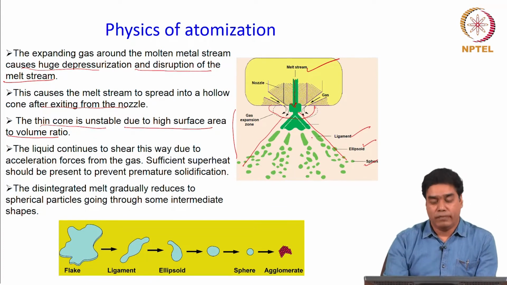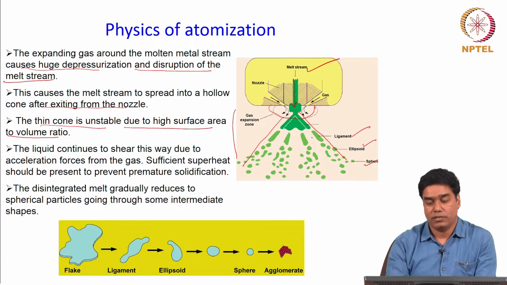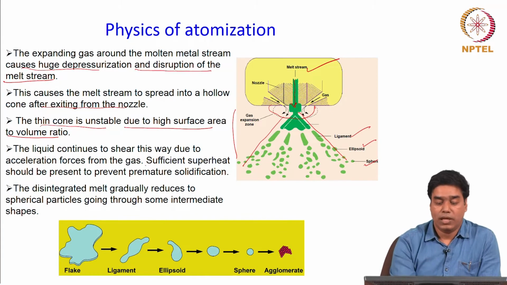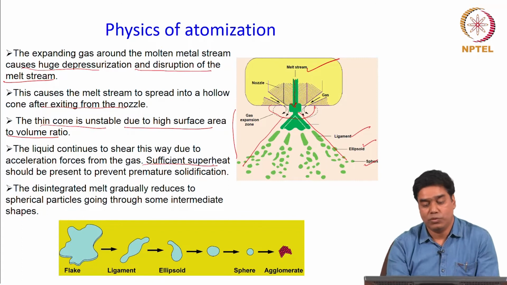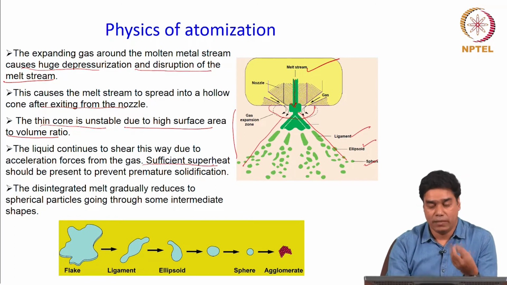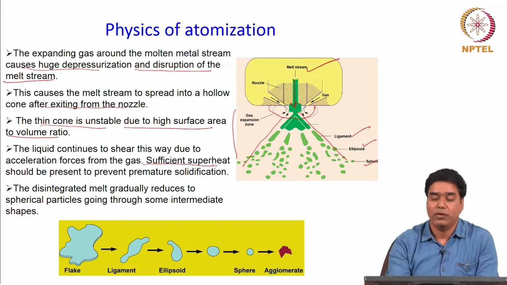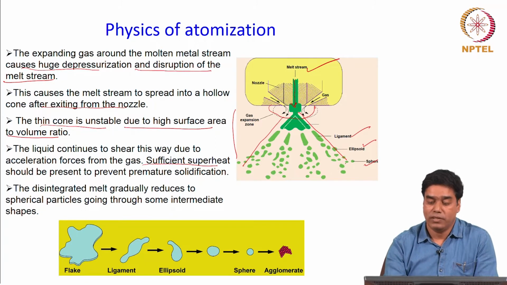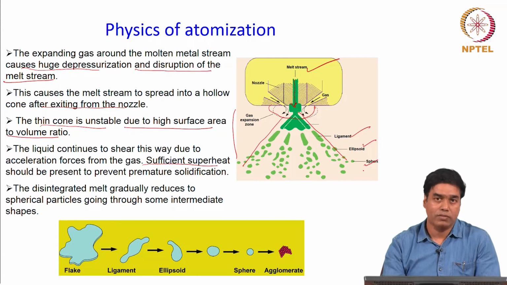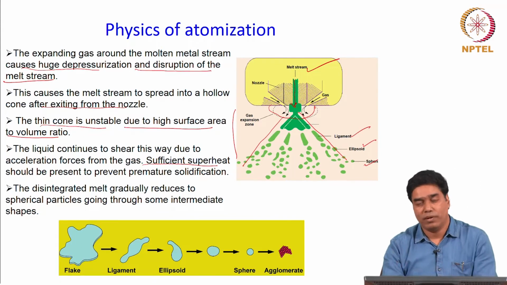One thing that has to be ensured here is that the liquid stream which is coming to this atomization chamber should have sufficient superheat. That means it should be sufficiently heated above the melting point, so that it remains liquid during the whole process before it is converted to these spherical particles, because our objective here is to get spherical shaped particles, so that we have that free flowing powder.